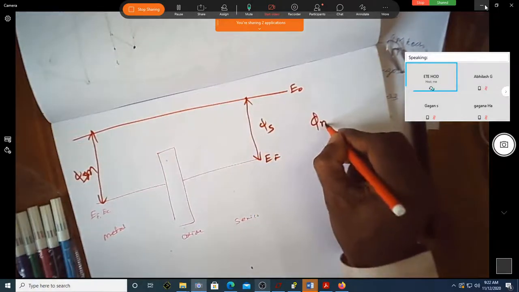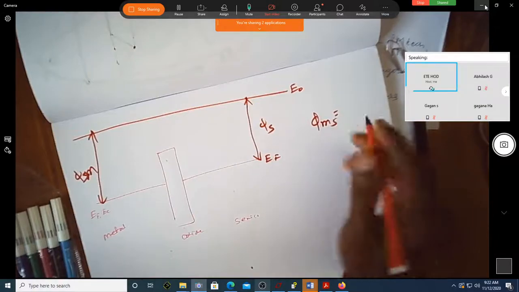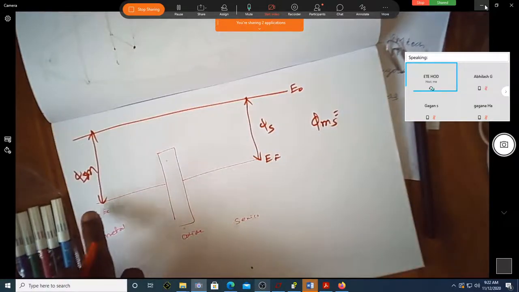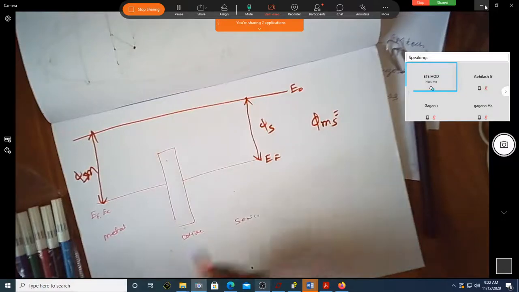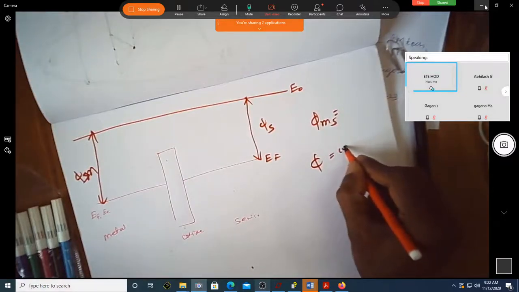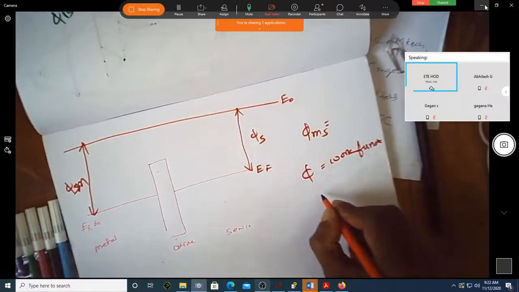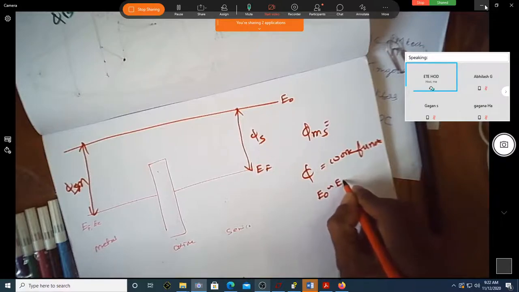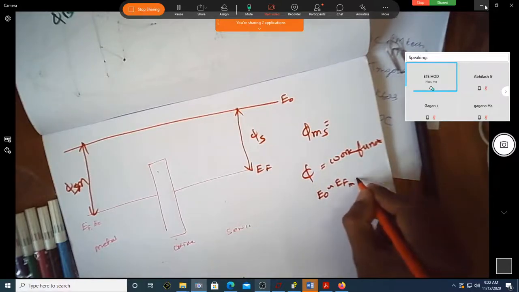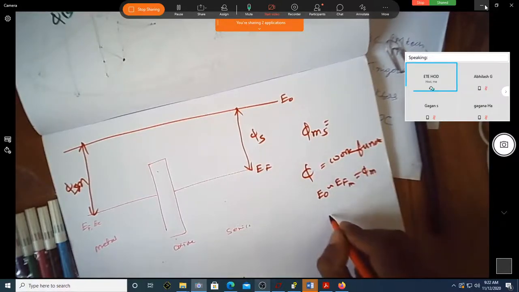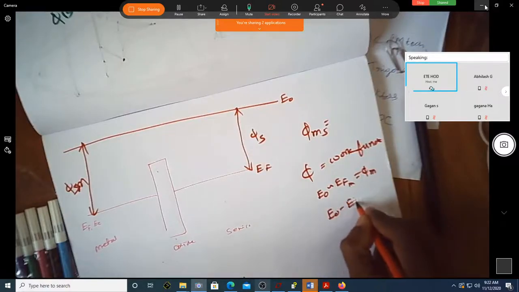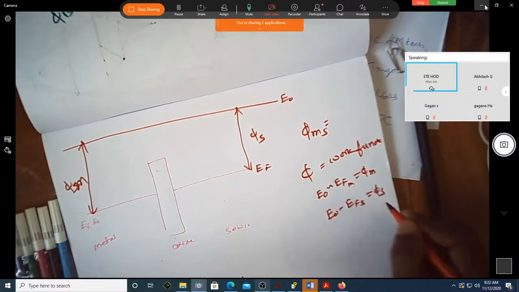So this phi ms is called the work function difference between metal and semiconductor. Phi is actually work function. This work function is nothing but the difference of E naught and EF. If it is of metal, we call it phi m. If it is E naught minus EF of semiconductor, we call it phi s.